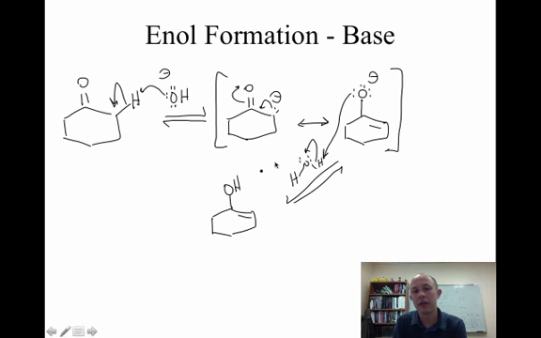So in the formation of an enol tautomer under basic conditions, we have an enolate intermediate, and these are two resonance structures of the enolate, which is the negatively charged intermediate that's generated when we deprotonate this alpha carbon, or the hydrogen that is present on the alpha carbon. In this particular mechanism, we protonated the enolate to form the enol.